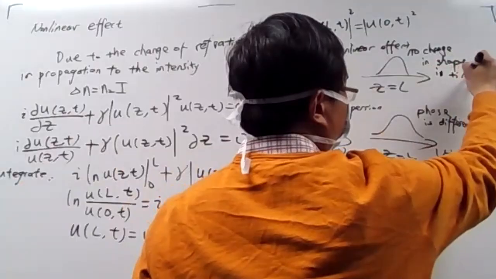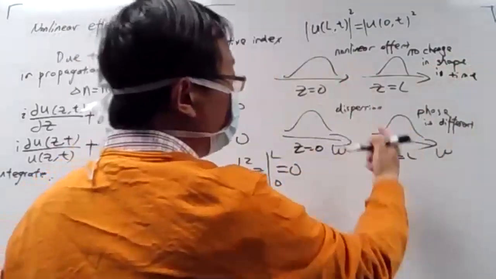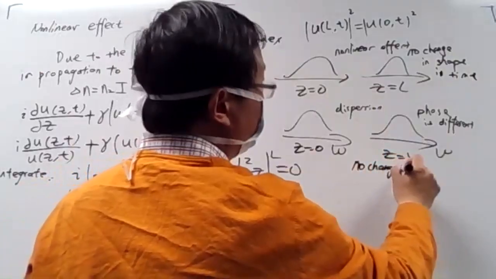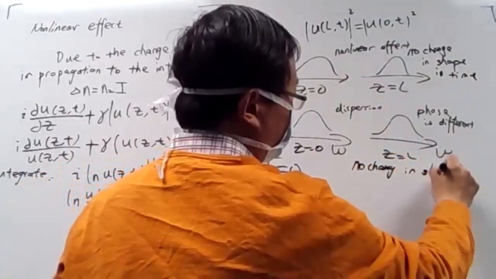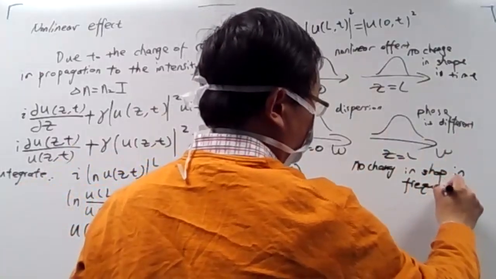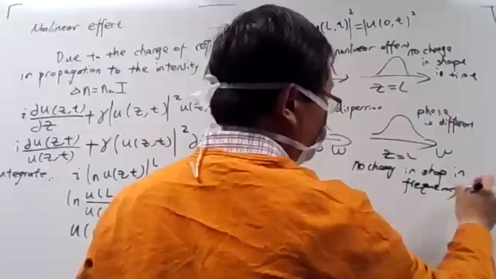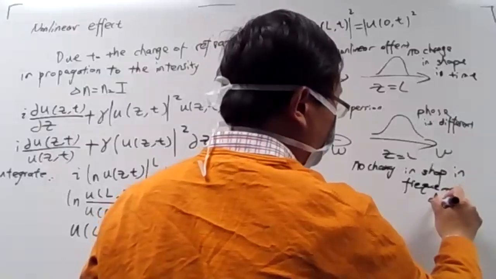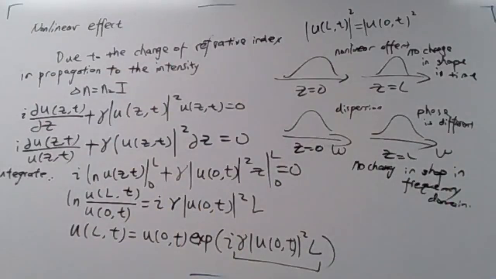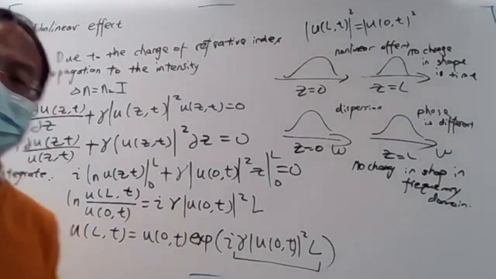For dispersion, there is no change in shape in the frequency domain. That's actually a very important concept: what is dispersion, and what is the nonlinearity?